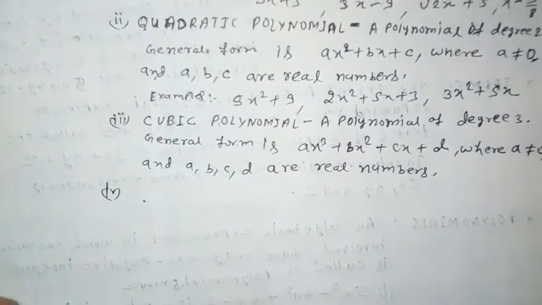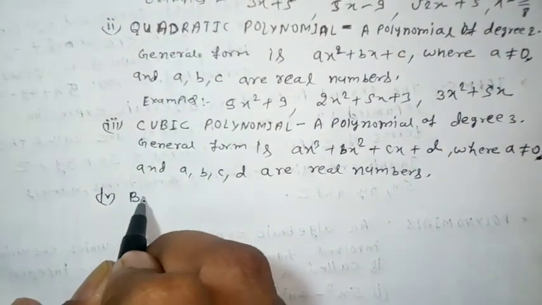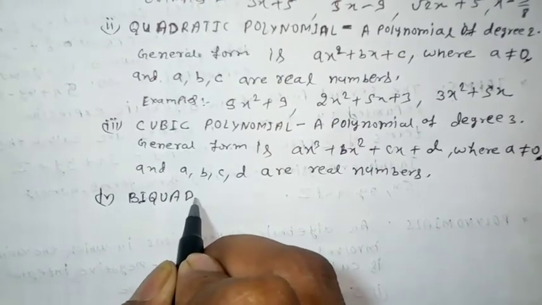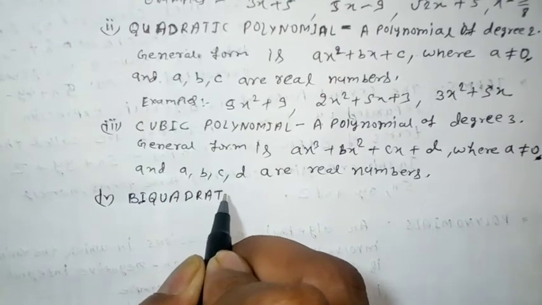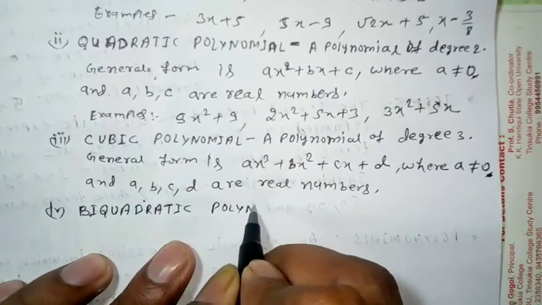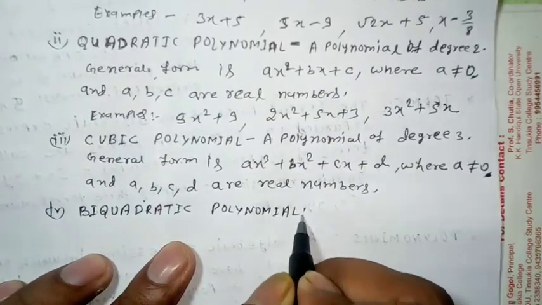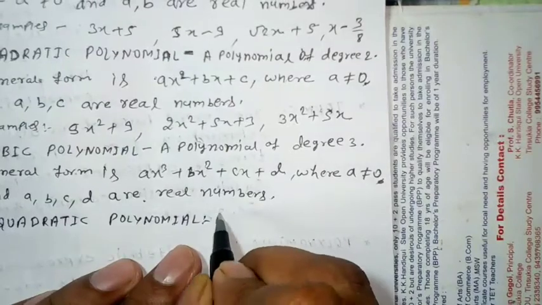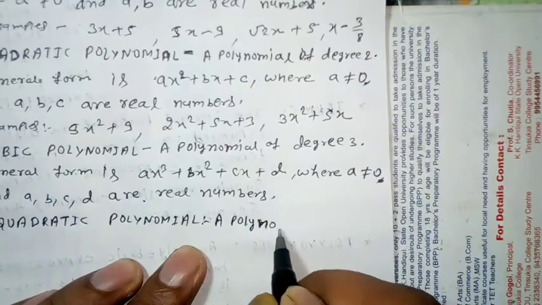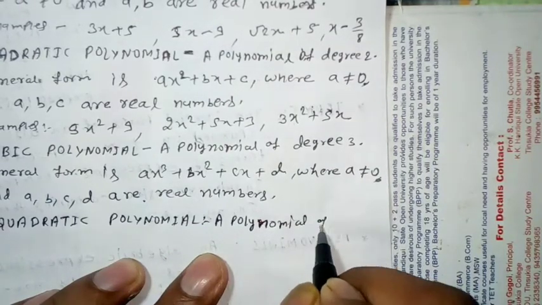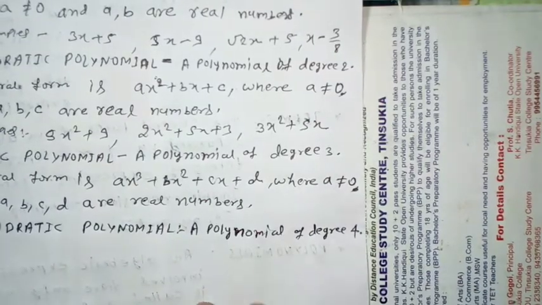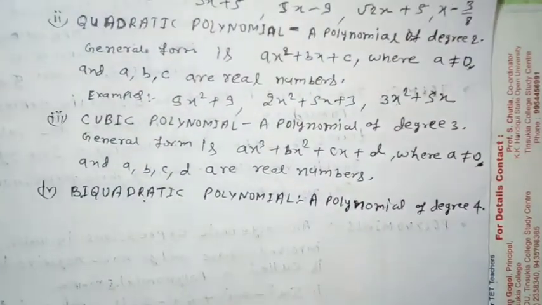Four. Biquadratic polynomial. A polynomial of degree 4 is called a biquadratic polynomial.